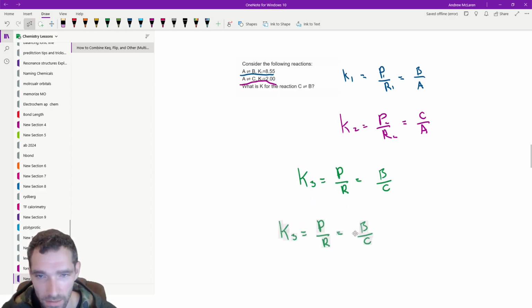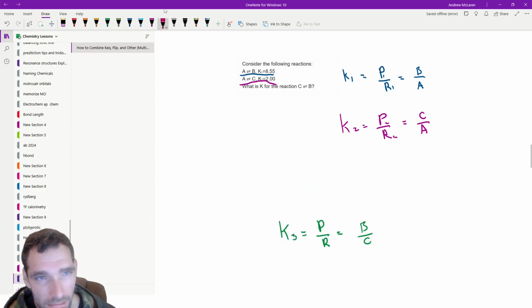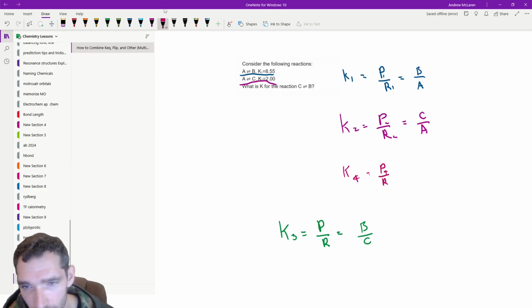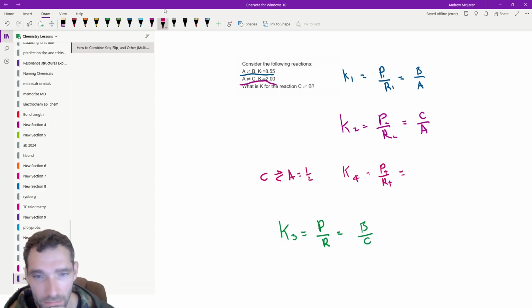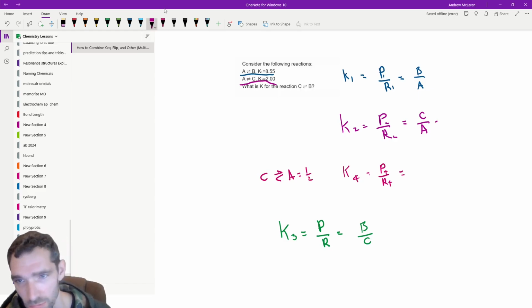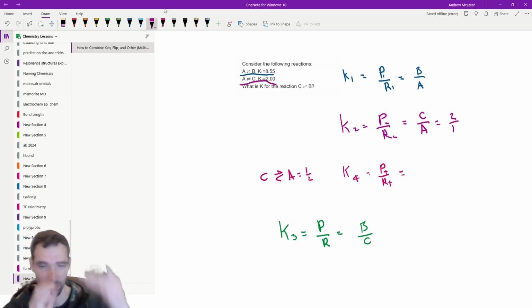So I'm going to be thinking about not K2, but what I'm going to call K4, which is the inverse. K4 is for the reaction of going from C to A, and it's going to be the inverse of 2, so it's going to be 1 over 2, as opposed to this number, which was 2 over 1. So the top number becomes the bottom number, essentially.